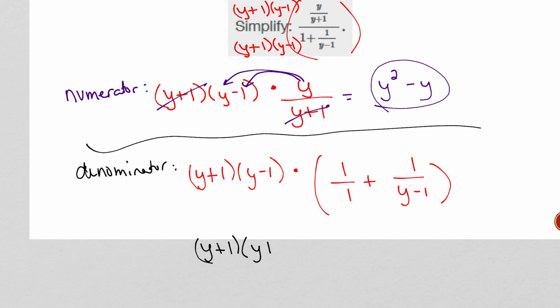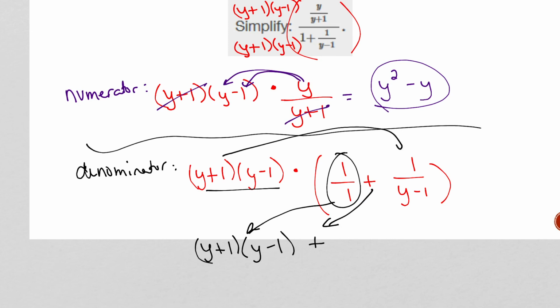That's a minus there. Okay, so that's what this times this was. Okay, now I've got a plus. I'm bringing down the plus. And whenever I multiply this whole thing times that, the y minus 1's cancel, and I'm only left with y plus 1. Okay, so now I'm going to distribute this out.